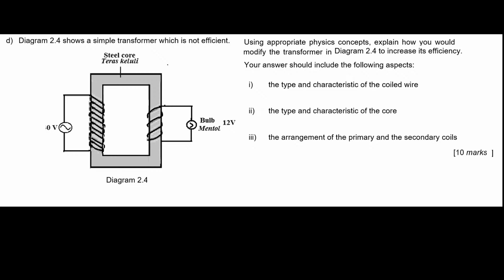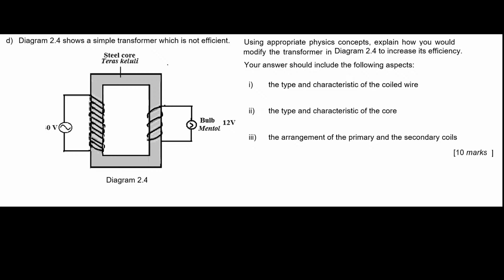First one, type. They want you to say the type and characteristic of the core wire. This one has 4 marks already. What type? Give me the reason. What characteristic? Give me the reason. Second one, core. Core means the center, this whole bar, steel core or what core.